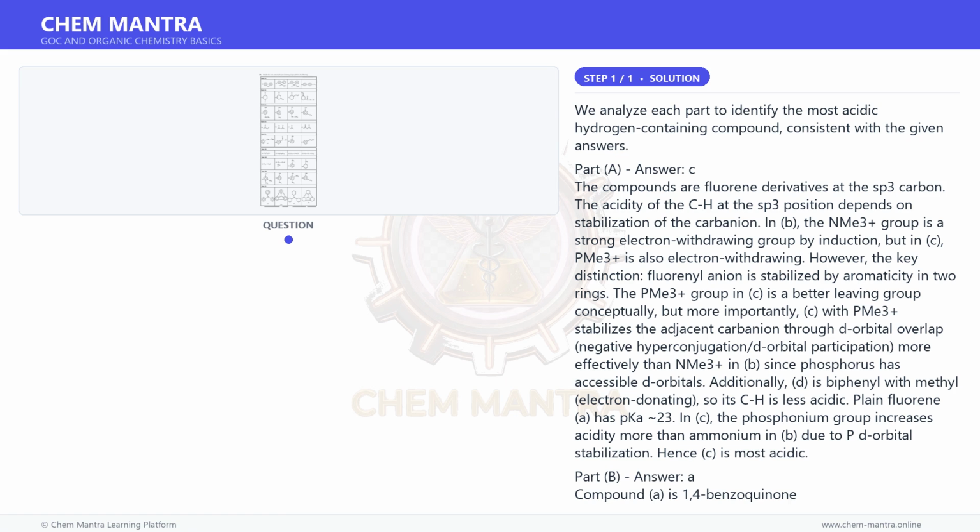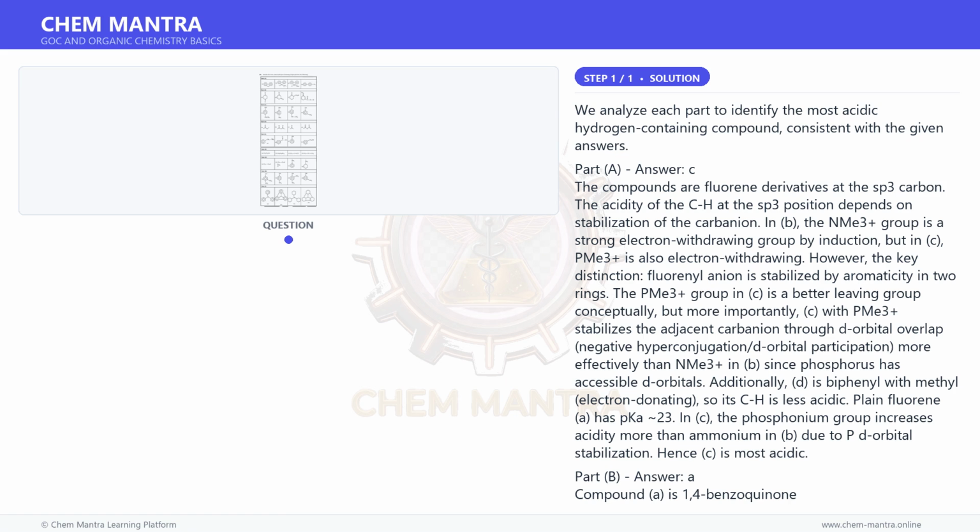D. Cyclohexylammonium, pKa about 10.6. The alpha-amino group, ammonium, in B provides additional electron withdrawal making the COOH more acidic, pKa about 2.34 versus 4.75 for acetic acid. Therefore, B is most acidic.